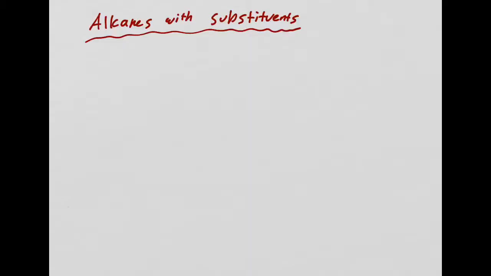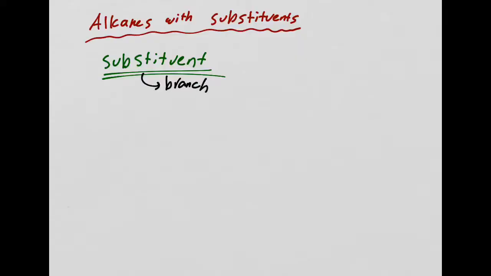Now what we're going to talk about right now is substituents. It sounds very fancy, but it's not. What substituent means is branch, basically. You know how we said that you can have a straight chain alkane.